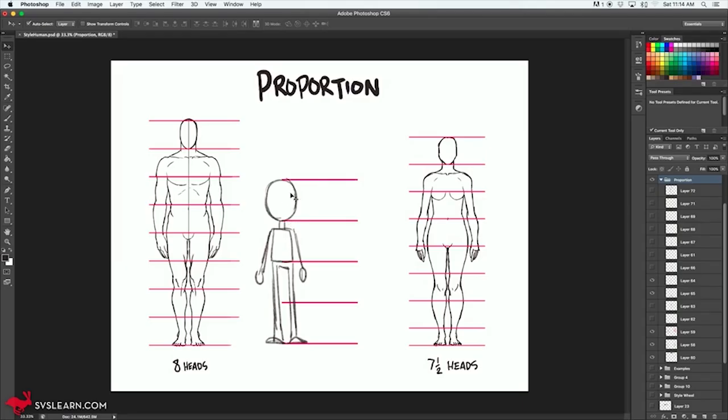The head gets very big here, but for this one I played with it a little bit. I made his body the same size as his head, and then had the lower 2 heads' proportions be the length of the legs. So what we've got is a long-legged character with a big head. It's really interesting looking. It might be a cool style.